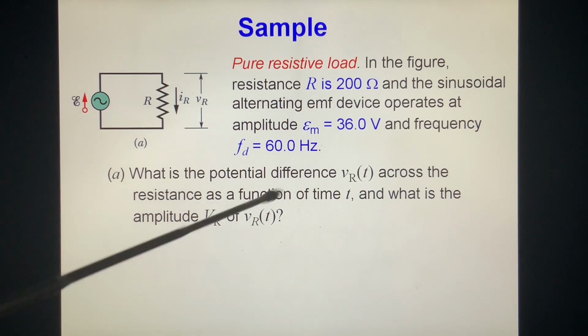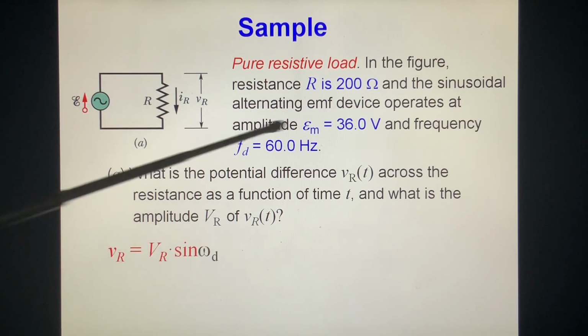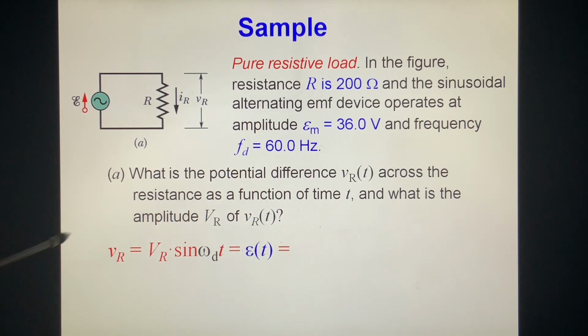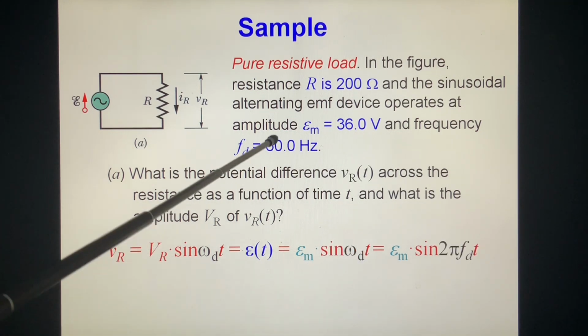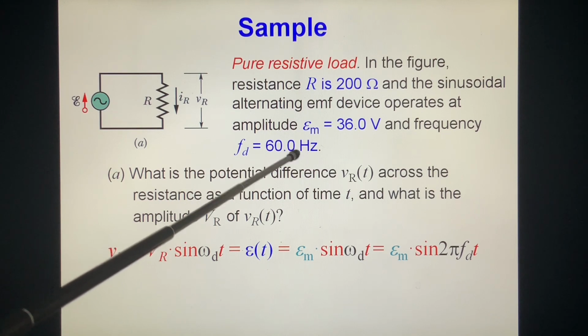Now, it almost gives you everything. We know that VR equals epsilon. We can express VR as VR sine omega t, and it is equal to the electromotive force E. This electromotive force you can express as EM sine omega t. You compare these two. Frequency is 60.0 hertz.